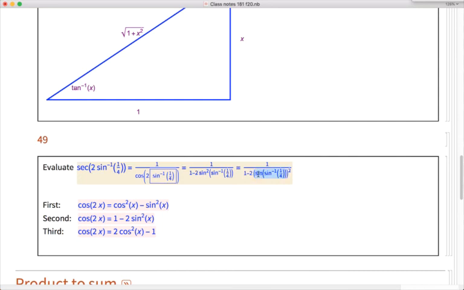But the nice bit now is that we're taking the sine of the inverse sine of 1/4, and because 1/4 is in the domain for this function, this inside thing simplifies down to just 1/4. Lastly, this simplifies down to 1/16.